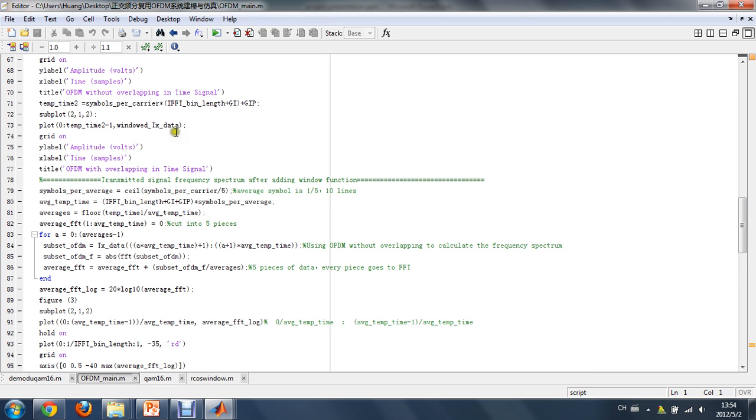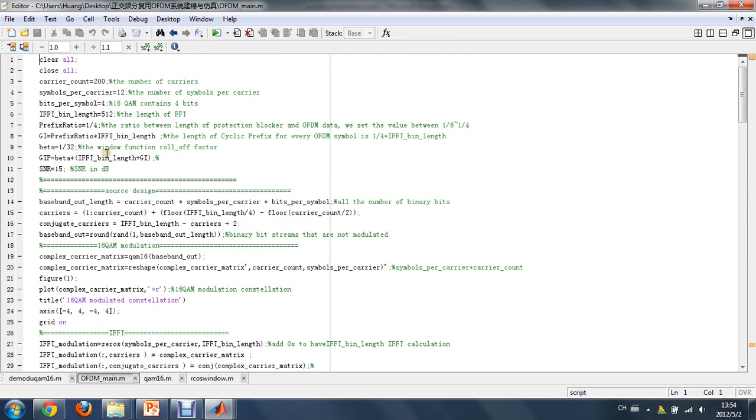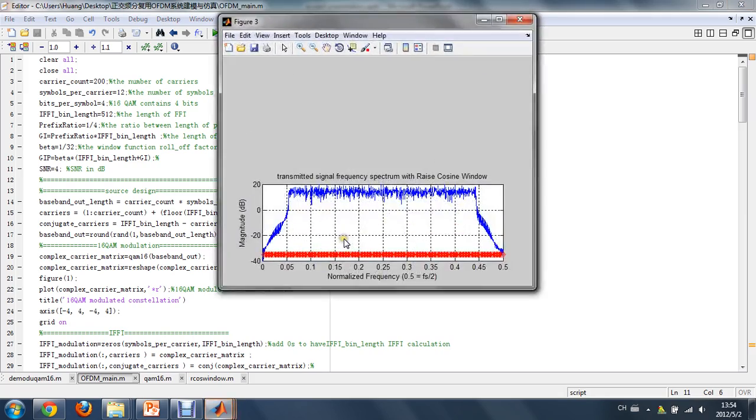Right now let's reduce the signal to noise ratio. Let's go to 4 and simulate again.